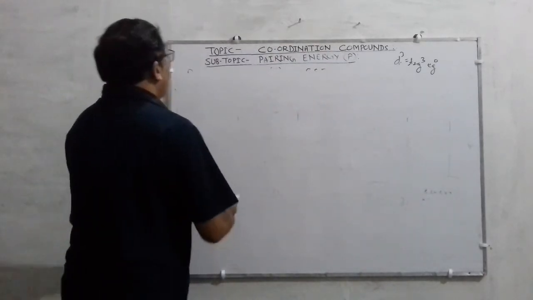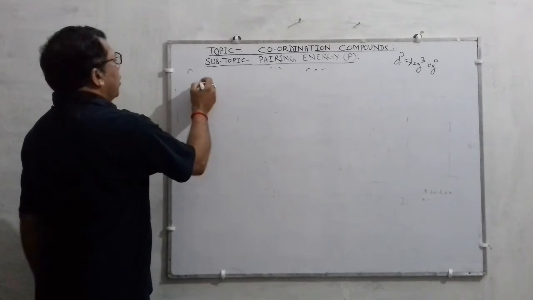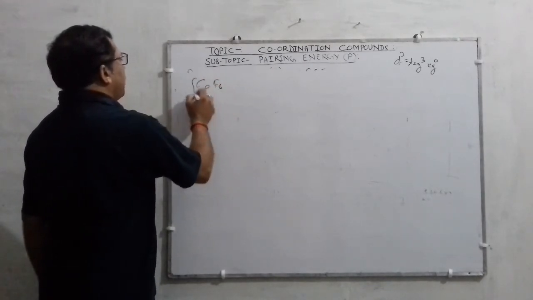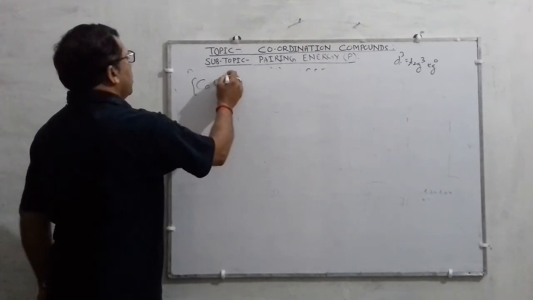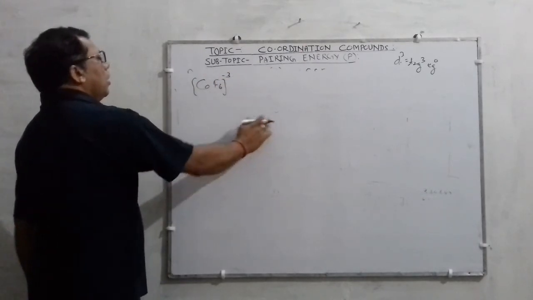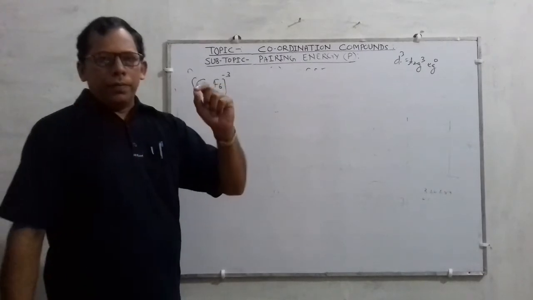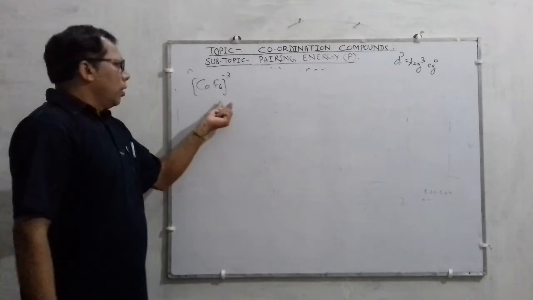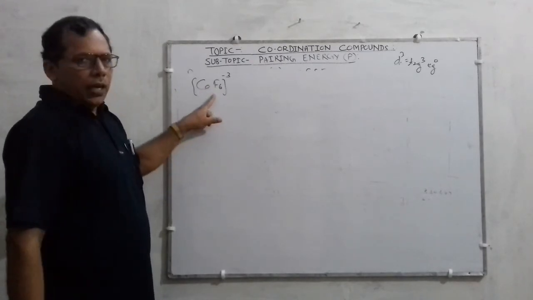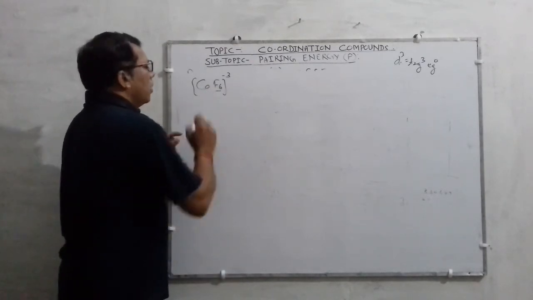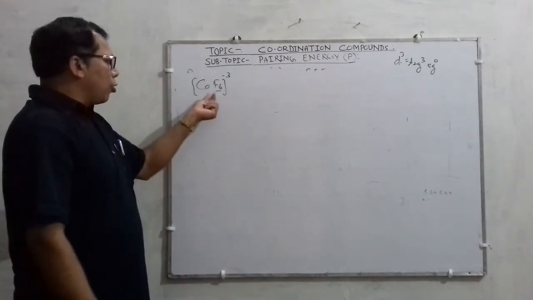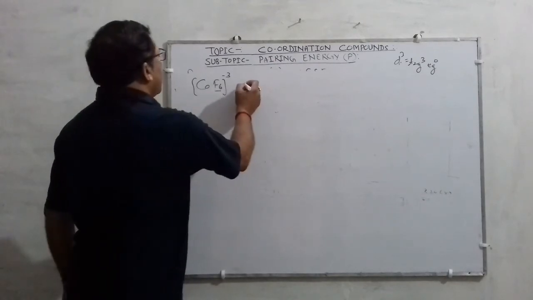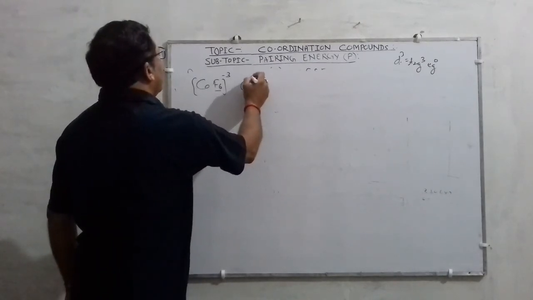The question is, write the electronic configuration of the complex CoF6 3- in the form of eg and t2g. See here, fluorine, according to the spectrochemical series, is a weak field agent.